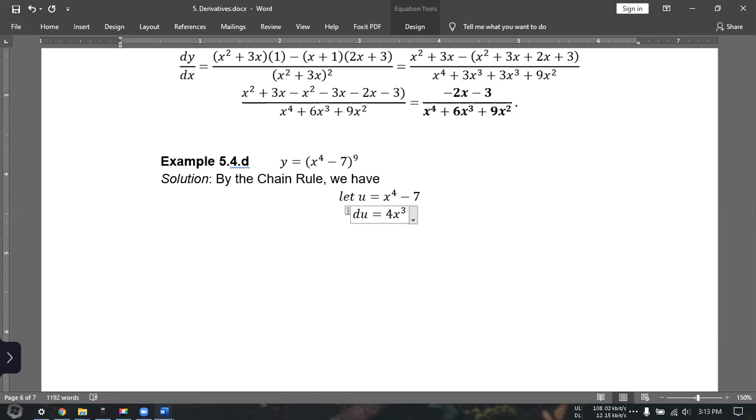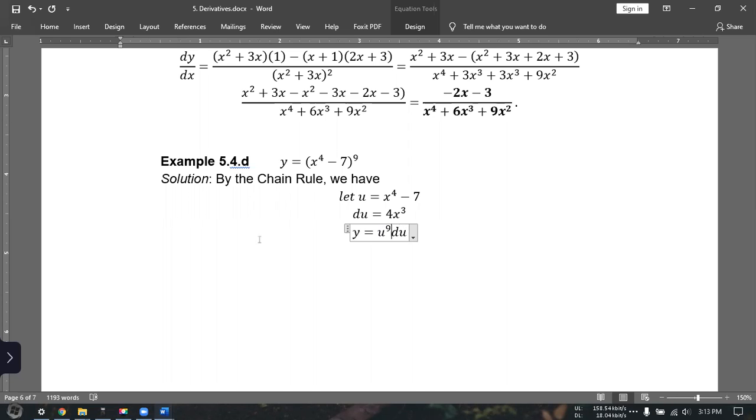We can actually use that. We'll replace the variable in our given function, so u raised to 9. And by chain rule, we have the derivative of u.